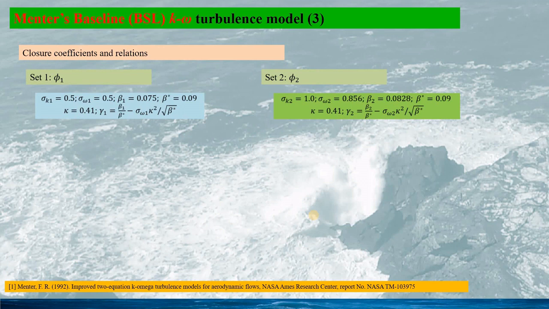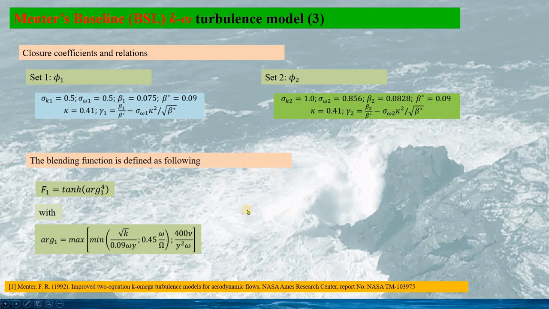For Menter's baseline K-omega turbulence model, we have two sets of closure coefficients. For the original K-omega turbulence model, phi 1 is this, and for the transformed turbulence model, phi 2 is given as this. The blending function F1 is calculated as this, and the argument is given in this formula.